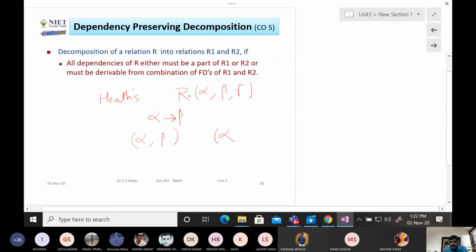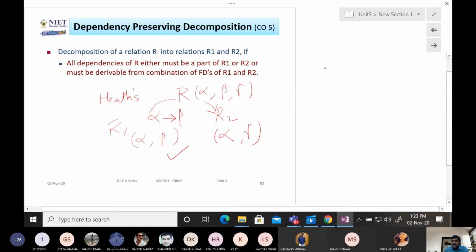If we write R minus beta, then we will get gamma. So we decompose R into R1 and R2. And here, alpha is a common attribute, and that common attribute is a primary key in R1. So this decomposition is a lossless join decomposition.